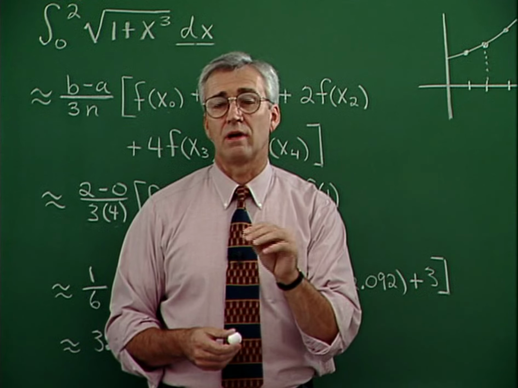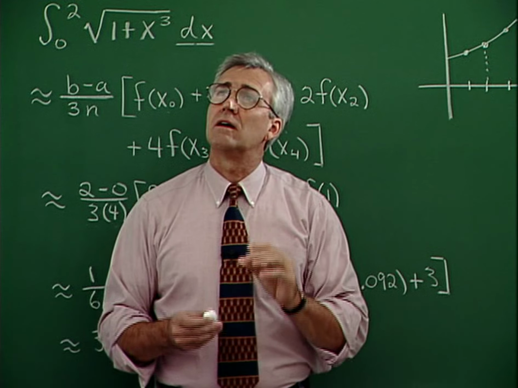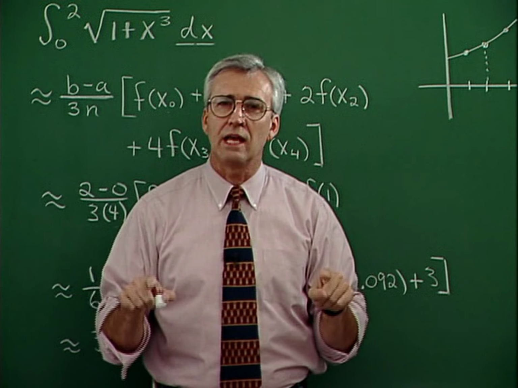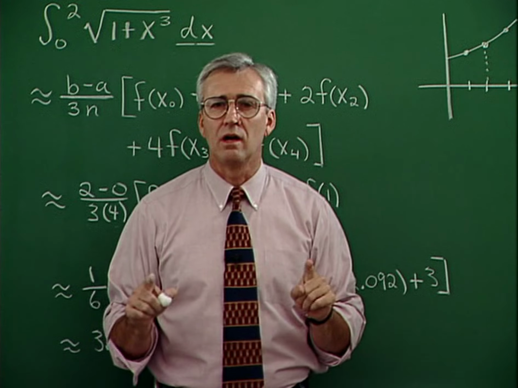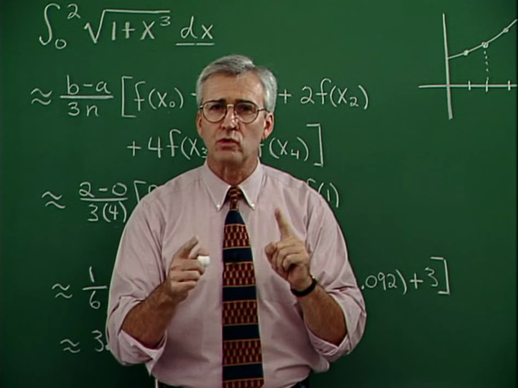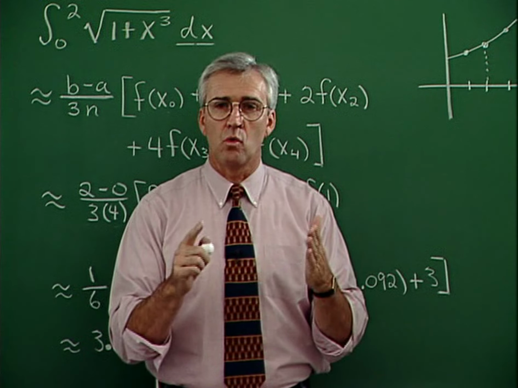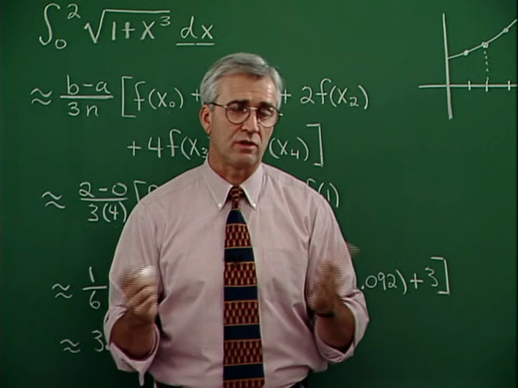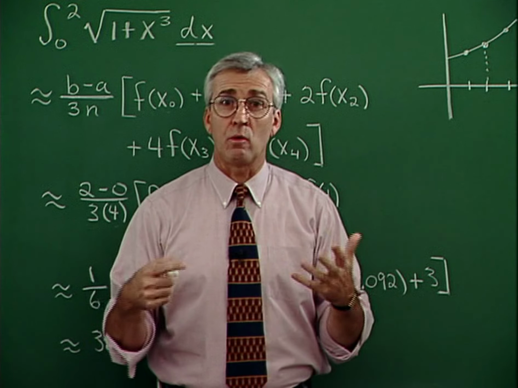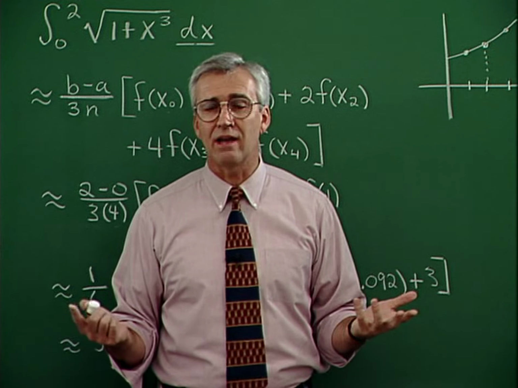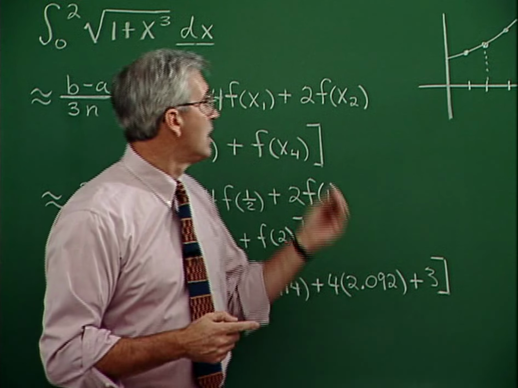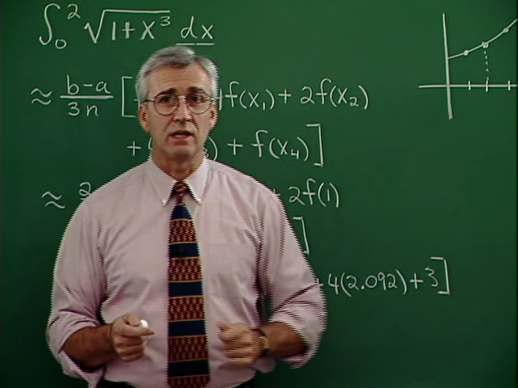And there were charts in the backs of textbooks for square root, so we could actually look those values up. I forget whether the charts went to 3 digits or 4 digits to the right of the decimal, but at any rate we would use whatever accuracy we had there. But that's plenty accurate for this calculation if we're using Simpson's rule.